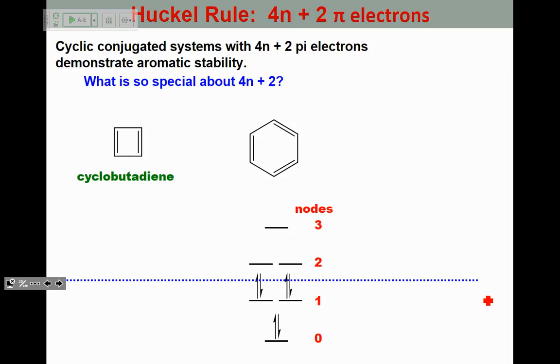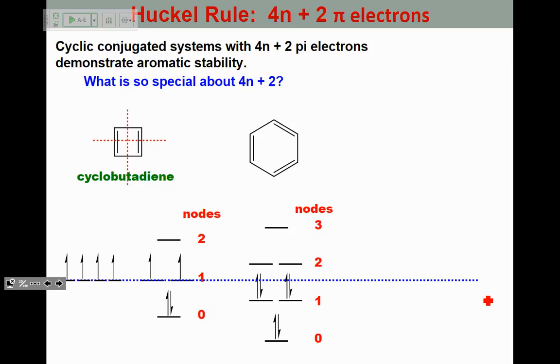Now let's look at cyclobutadiene. Based on symmetry, this is what our molecular orbital diagram looks like. And when we fill in those electrons, again, we're going to fill in the bottom two first. But remember, when we get to the degenerate orbitals, we do not pair them until they're each half full.